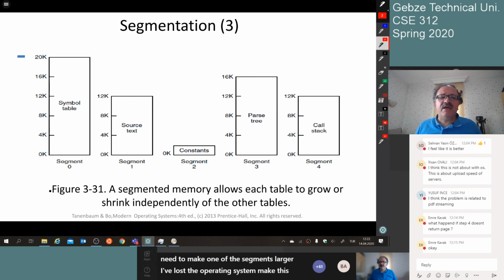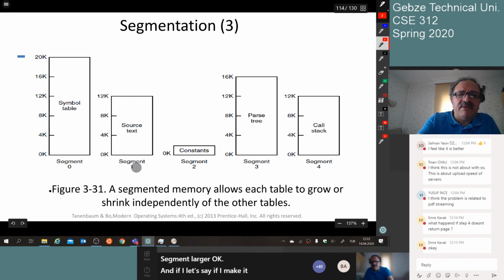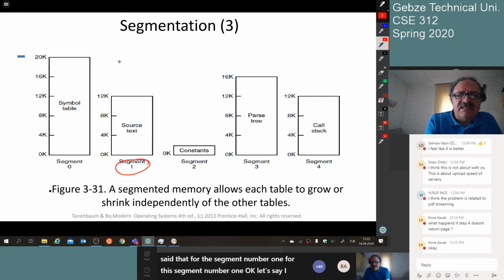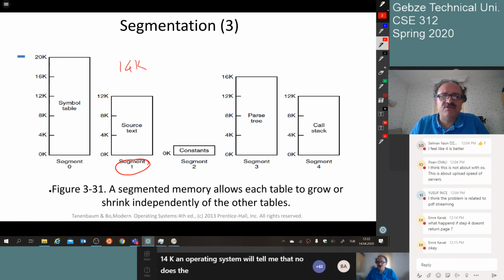And if I make a mistake, let's say for segment number 1, I say I'd like to access memory location 14K, the operating system will tell me that's an illegal memory location for me. So error checking will be better.